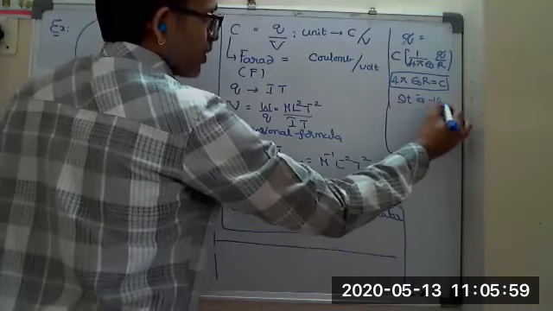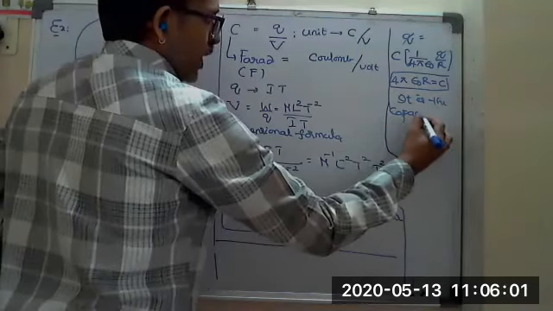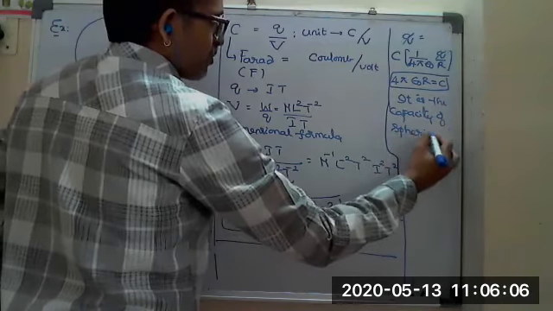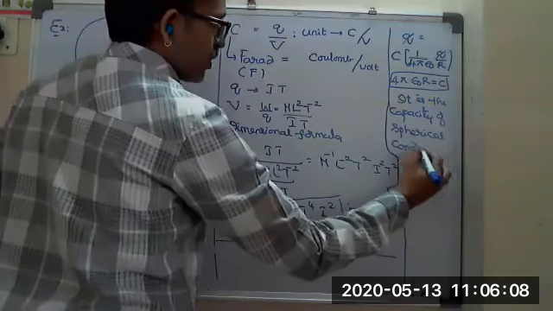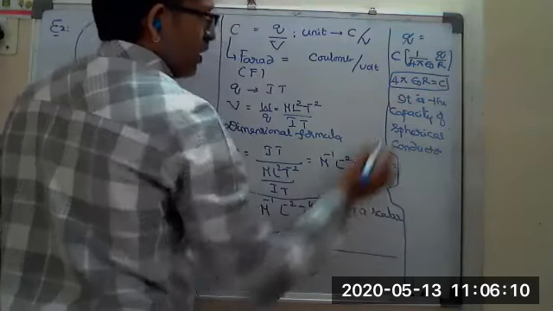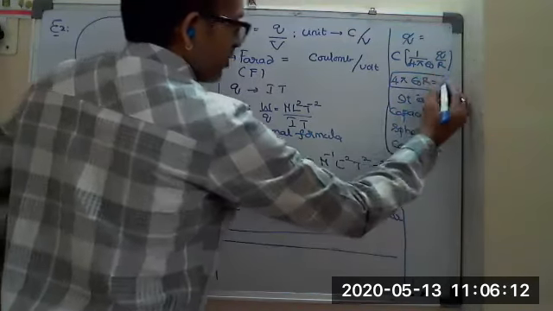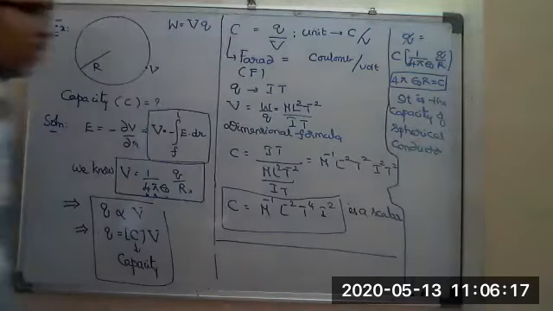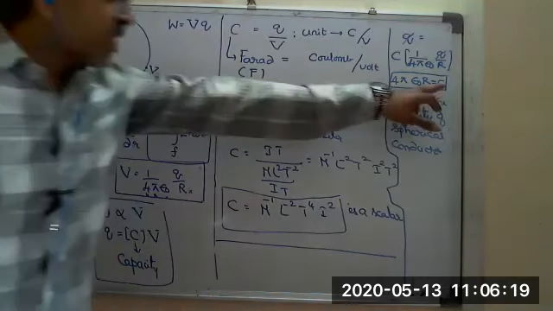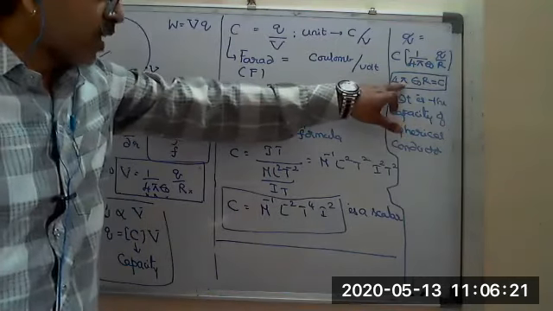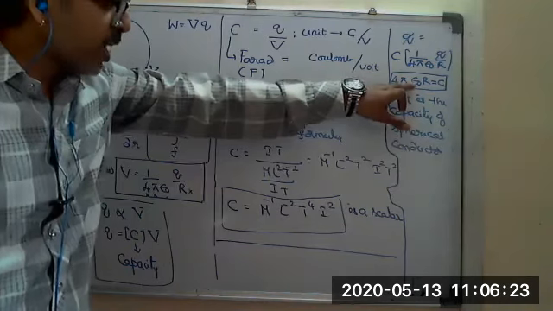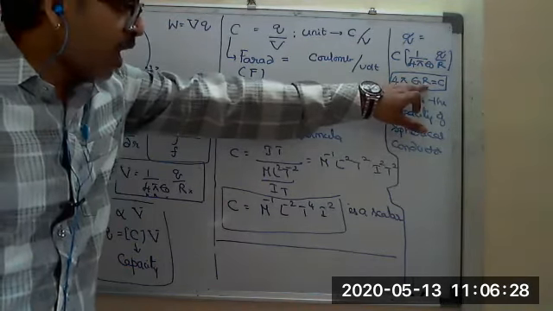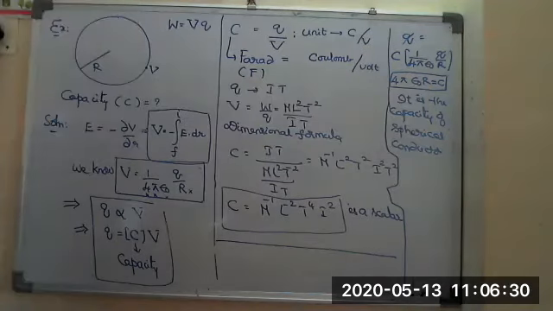Okay. So look at the capacity of the spherical conductor. Look at the formula. The capacity once again, it is depending upon whom? The capacity equals 4 pi constants, leave them, epsilon naught depending upon the surrounding medium, into R depending upon the dimensions.